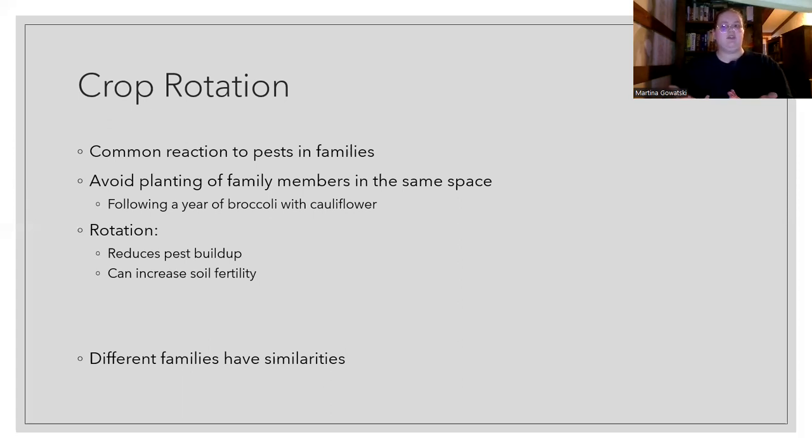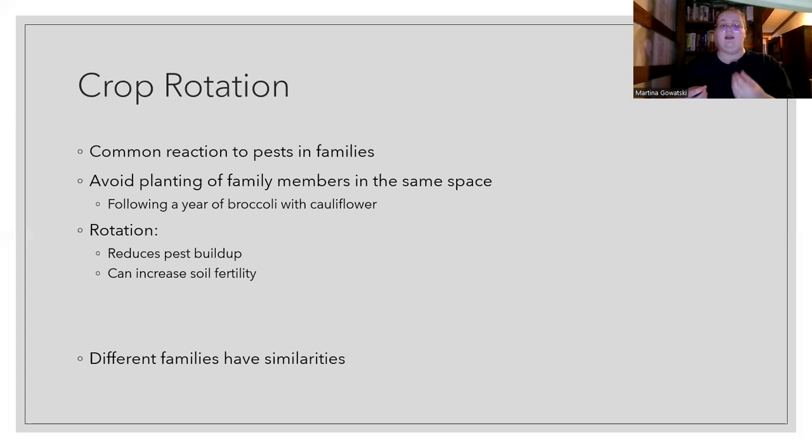So again, for example, you keep planting broccoli, cauliflower, Brussels sprouts, different plants of the Brassicaceae family in the same location year after year, and the certain nutrients that are used by that plant majorly will slowly deplete, meaning that you'll have to use additional fertilizers and supplements for the soil.